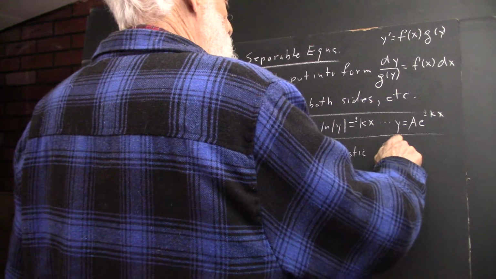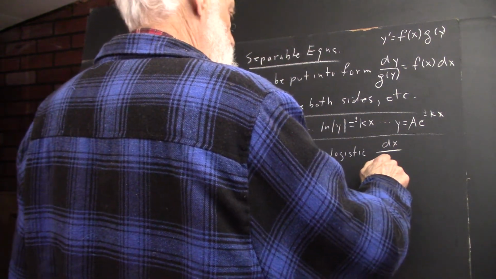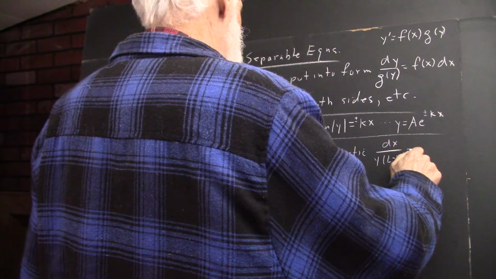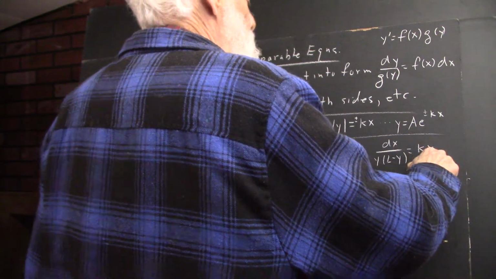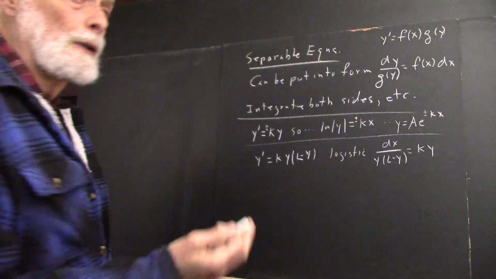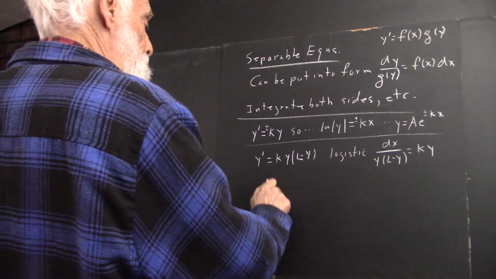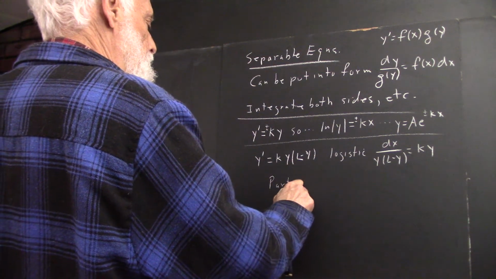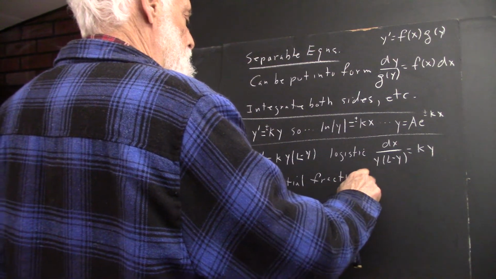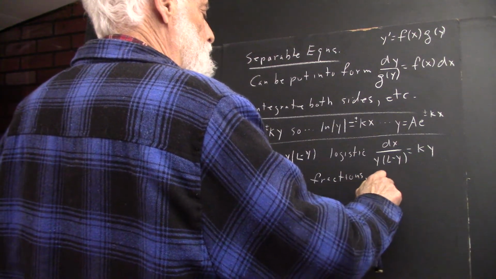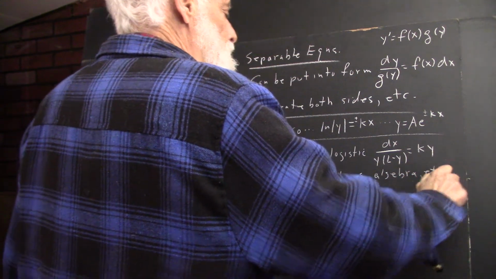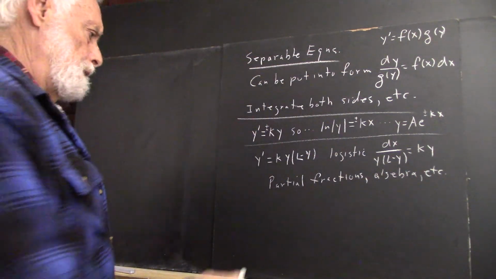And you get dy over y times L minus y equals k dx, and you've got to apply partial fractions. And then you've got to do some algebra. Okay, and you get a solution.